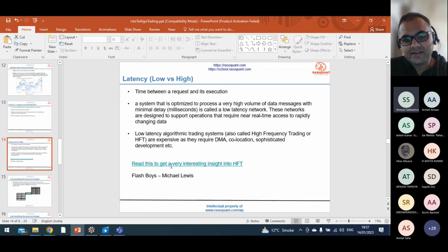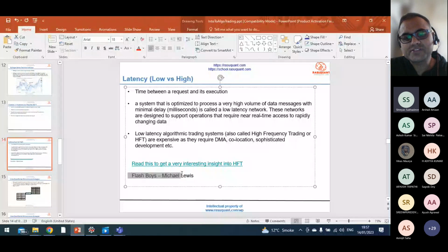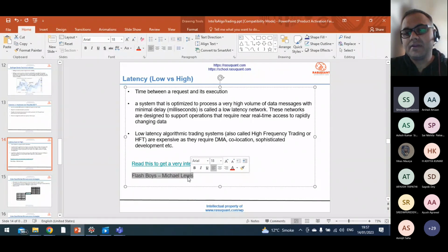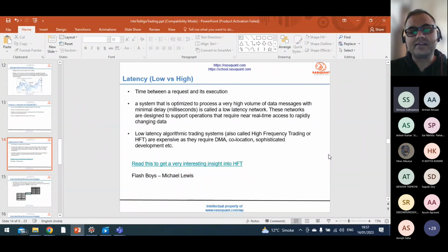And I've shared an article, an excerpt from a novel called Flash Boys by one of my favorite authors, Michael Lewis. This is a very good introduction to what high frequency trading is and how it is being used. This novel talks about a bad use of high frequency trading, which was not very ethical.